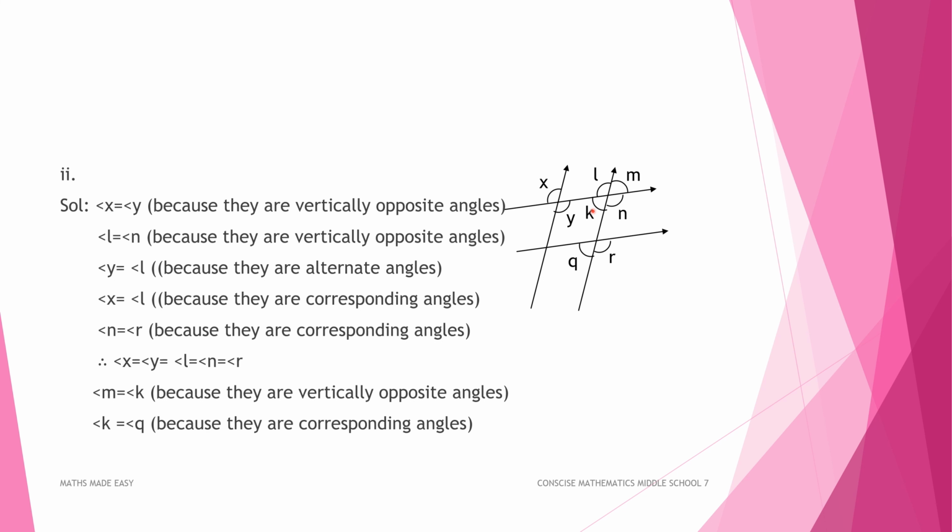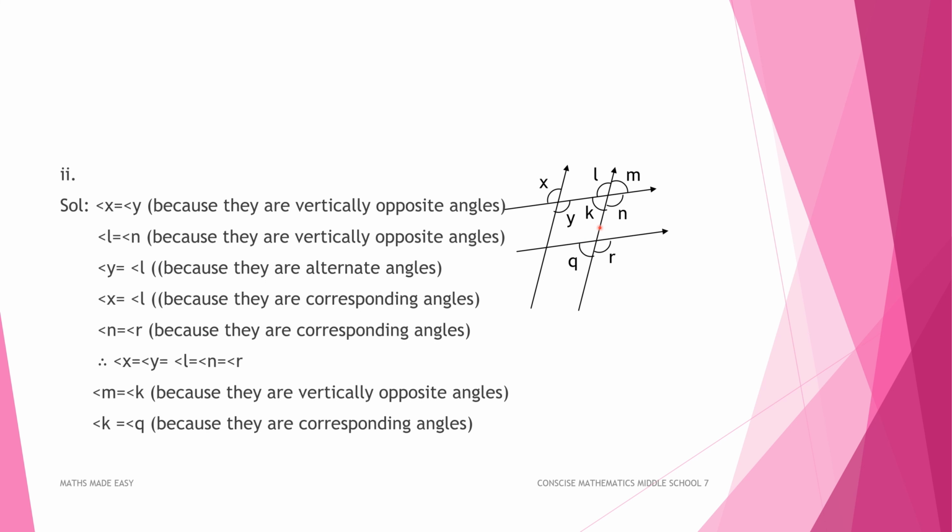And similarly, angle K is equal to angle Q, because even they are corresponding angles. Look over here, they both are on the same side, right? They both are on the same side, and in between them there is one more angle. Look here, there is one more angle, right?